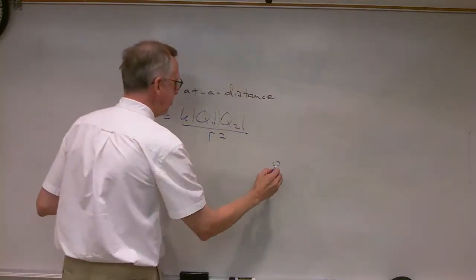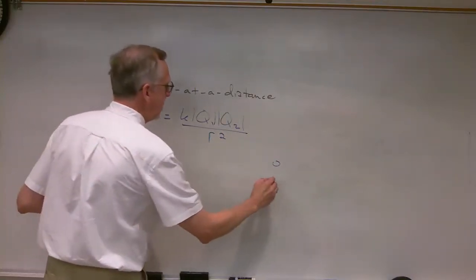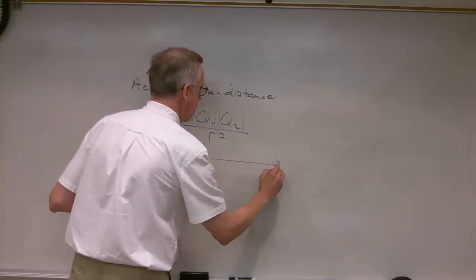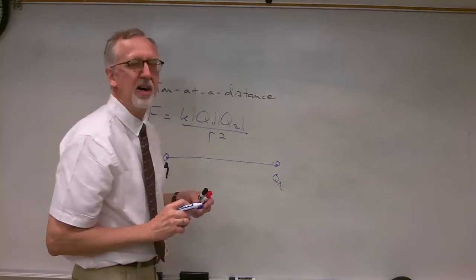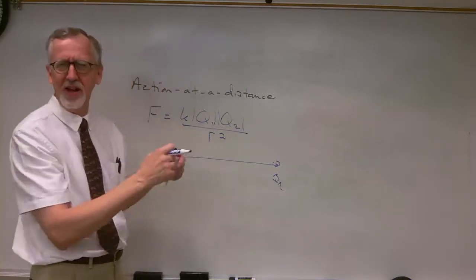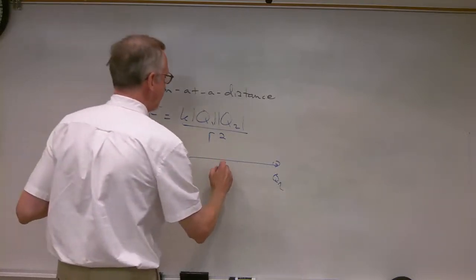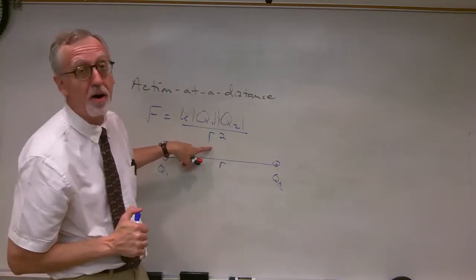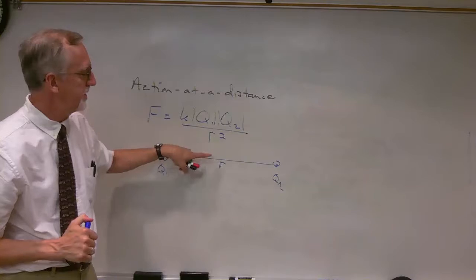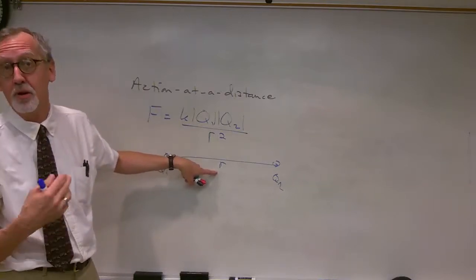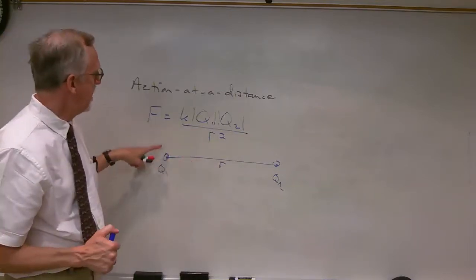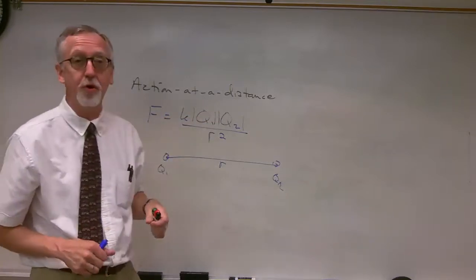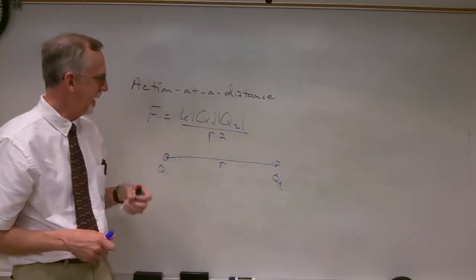So we've got these two charges, let's say q1, q2. There is a distance between them, and to be a little more precise, we mean distance center to center, a distance r. Be careful, this r does not stand for radius. This is just the position vector magnitude, the distance between them. So we've got k q1 q2 over r squared. We know that there's a force between them with this magnitude.